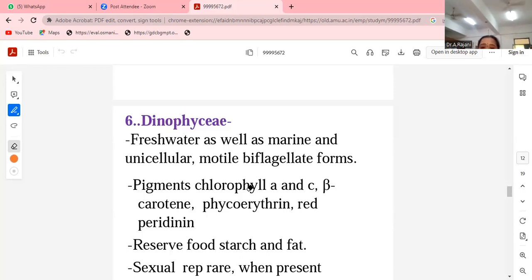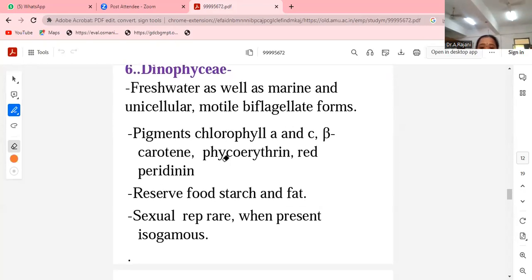They occur usually in marine water and a few in freshwater; about 80% are found in marine water. Motile flagellate forms are there. The chromatophores are usually dark yellow or brown, discoid, and numerous. The pigments are chlorophyll A and chlorophyll C, beta carotenes, phycoerythrin, which is a red pigment, and peridinin.